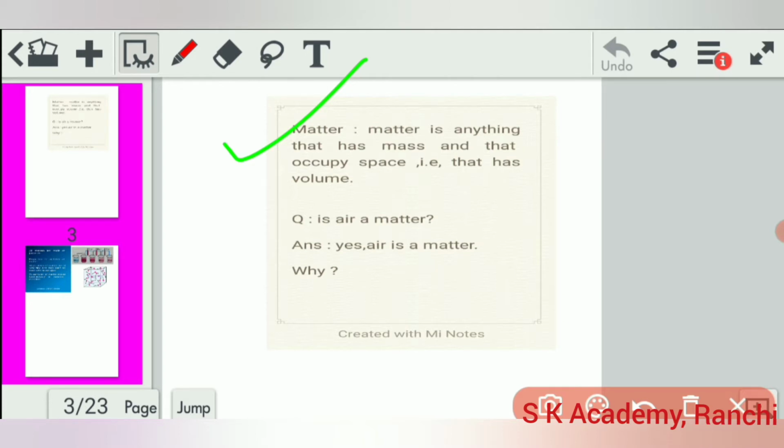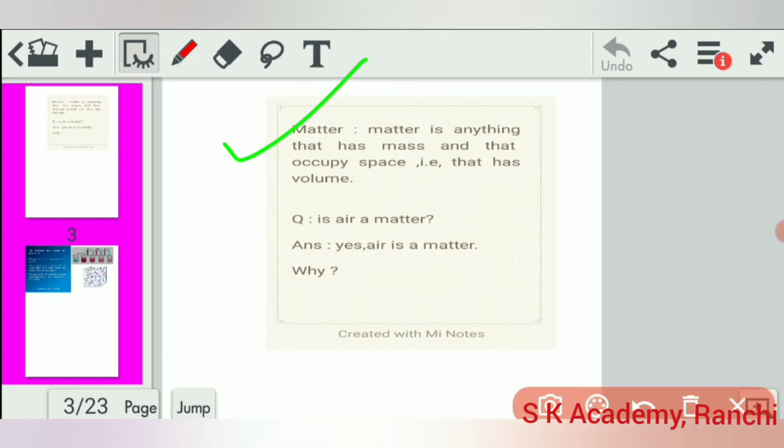So anything that has mass, anything that you see in your surroundings, like rubber, like pencil, like pen, like book, all these have masses. Mass of these materials is measured in milligram or gram or kg.